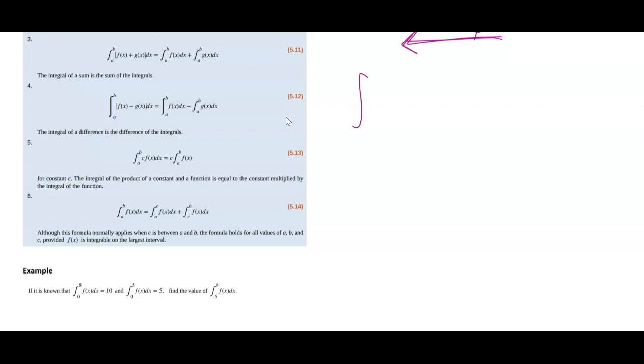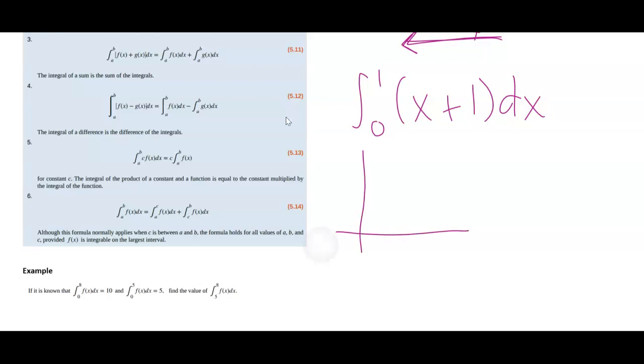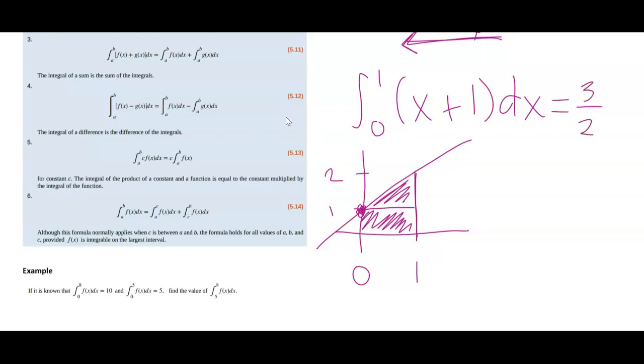So if you needed to find the integral from 0 to 1 of, let's just go super easy here, x plus 1 dx, that would be the line x plus 1 from 0 to 1, and you could split this up into a rectangle area of 1 and a triangle area of 1/2, and get that this would be 3/2.